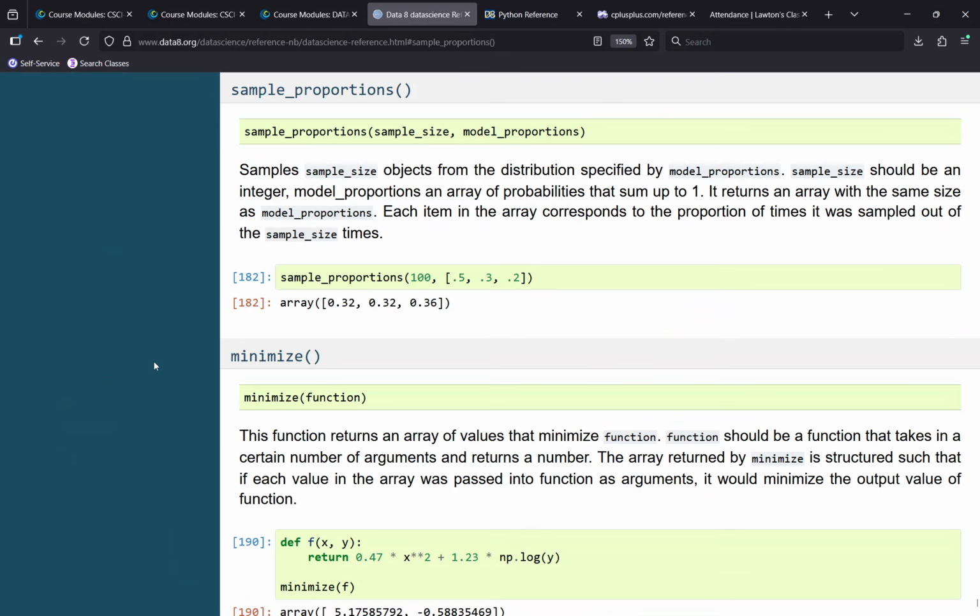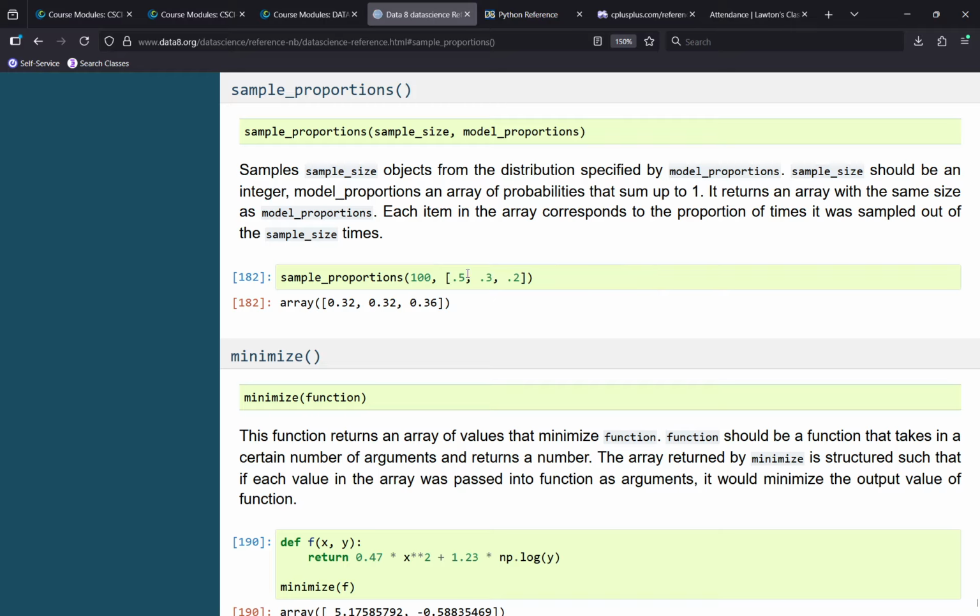sample_proportions. It's a little weird. You give it a sample size first, and then you give it an array or a list with those square brackets of model proportions, and this always has to add up. The array or list here has to always add up to 100%, so 1.